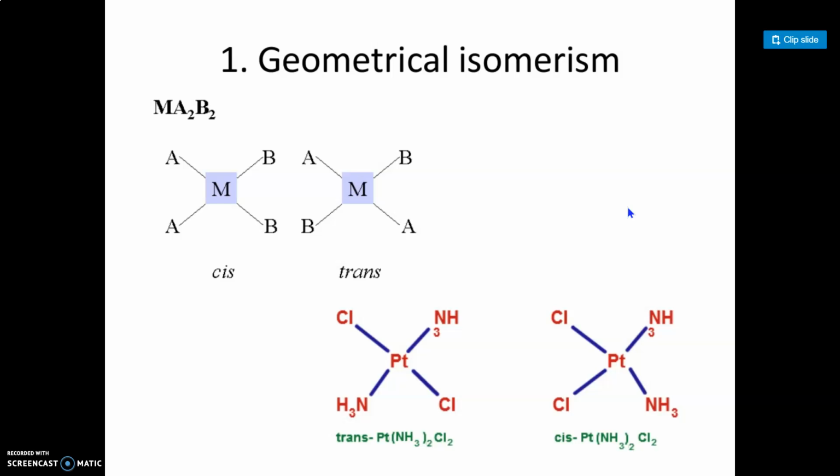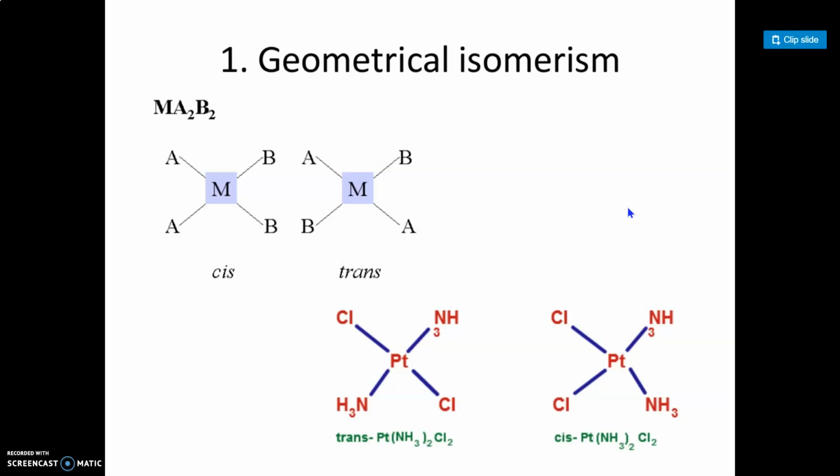So firstly we see the meaning of geometrical isomerism. Geometrical isomers are stereoisomers. These isomers contain the same atoms and the same atom-to-atom bonding but differ only in the spatial arrangement of atoms or groups about the central metal ion. It is possible only in complexes with a coordination number of 4 or greater than 4.